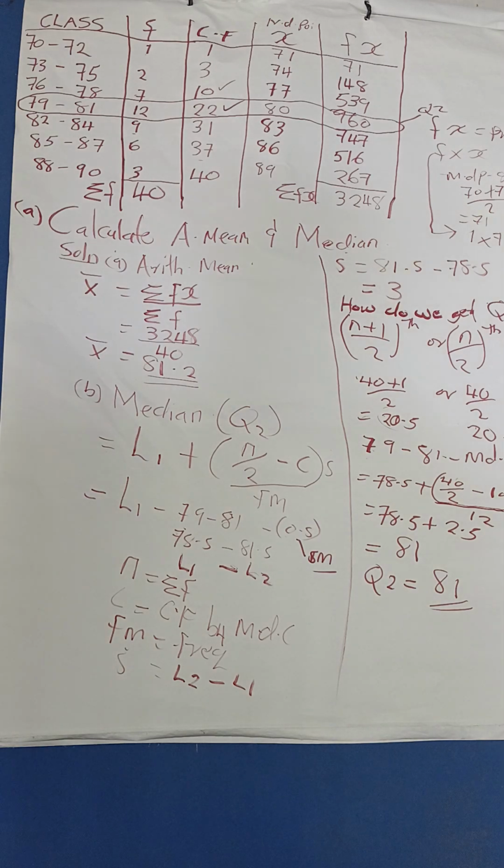The next step, calculate the arithmetic mean. The third step, come up with the median formula, know what those values in that formula mean, then know how to identify the median class. After you have identified your median class, pick the values, feed into the formula, and you'll have the answer.